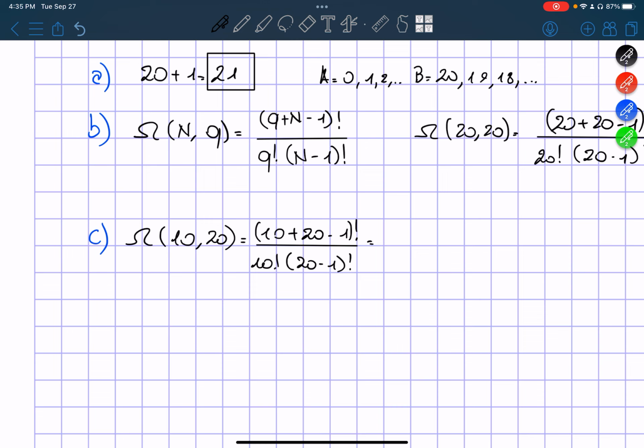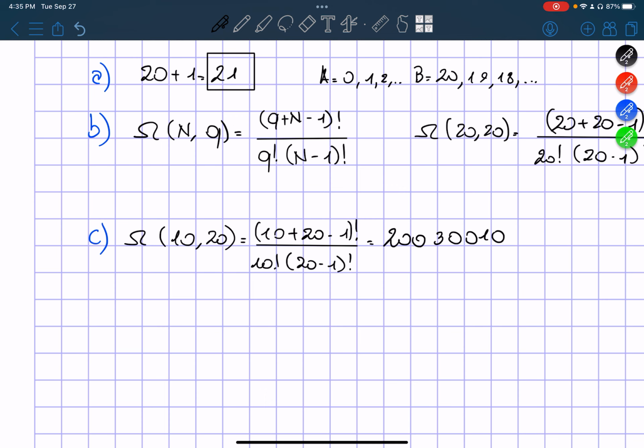So here we would have 29 factorial divided by 10 factorial times 19 factorial. And here we have 2003010. This is the number of microstates.